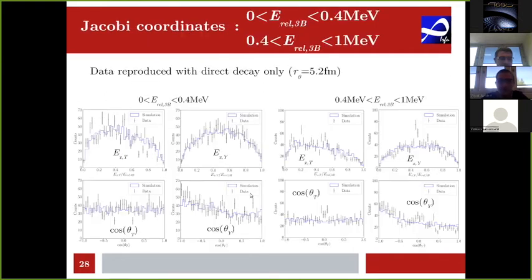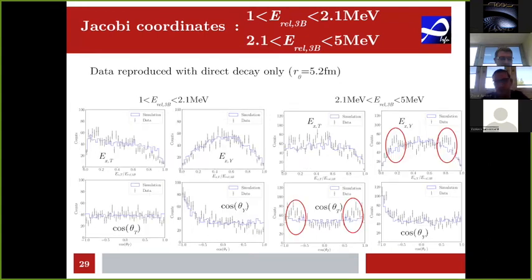So here, what is fitted is the simulated decay scheme for each of these resonance states, but constrained by their contribution in the three-body relative energy spectrum. And so here we will have in the end a percentage of how much direct decay or how much sequential decay we have in each gate. And in this case, it's 100% direct.